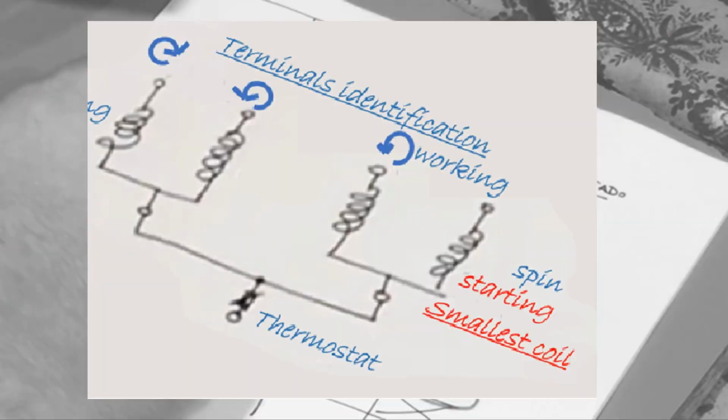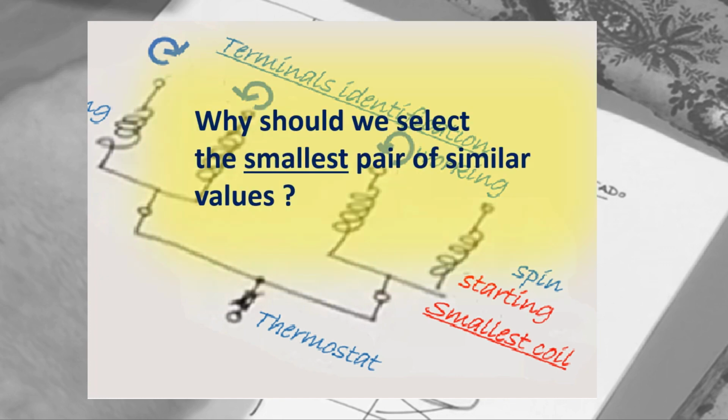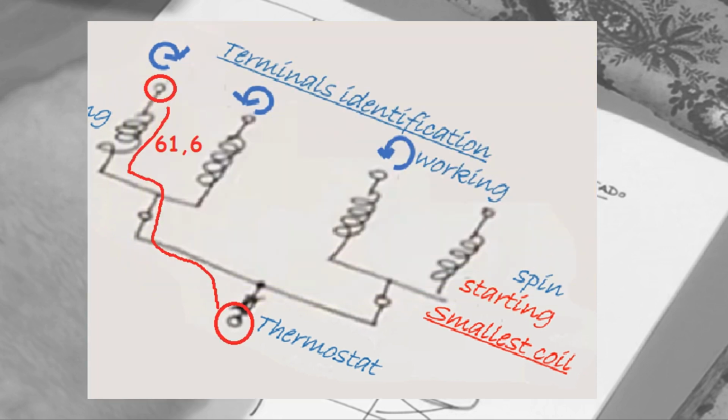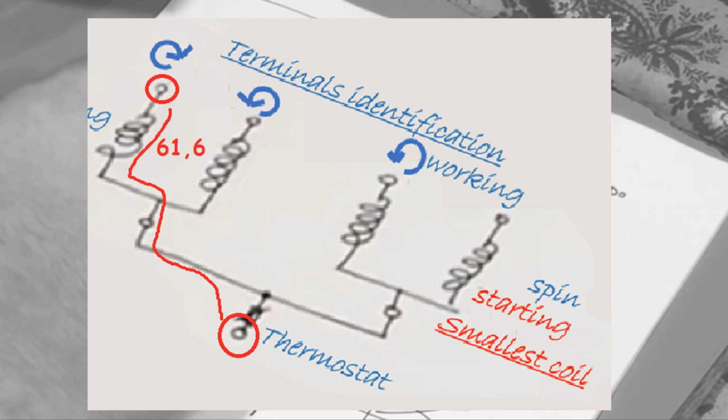Let's see in a graphical way why we should take the lowest value of the pair of resistances. If we take measurements between one terminal and the common, the only value that we are measuring is just the value of the coil, of the winding.